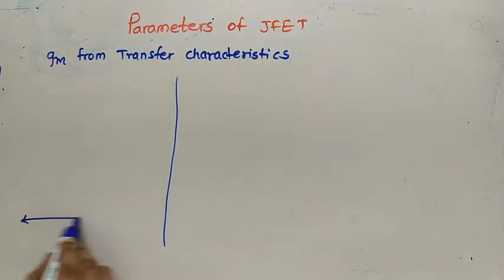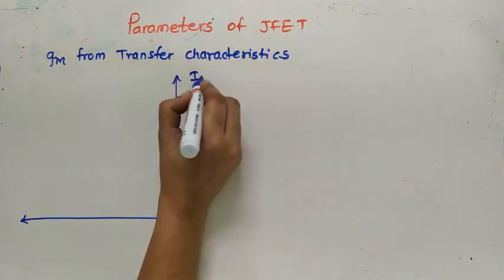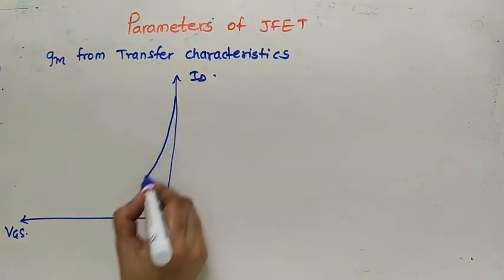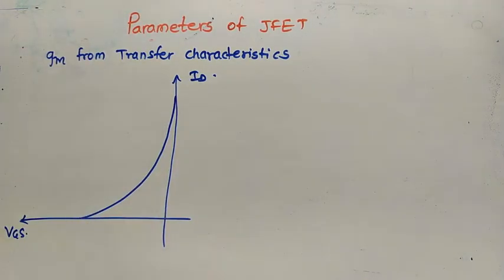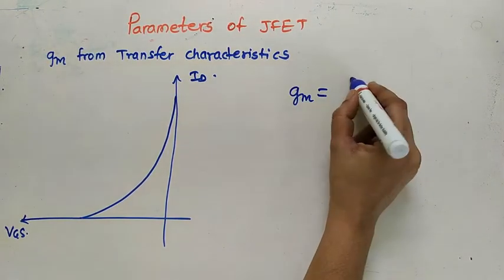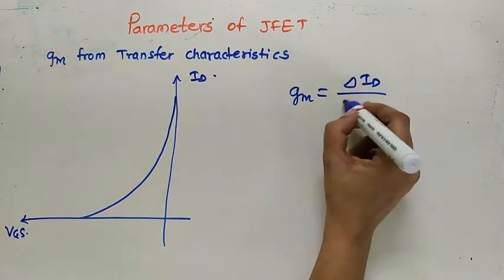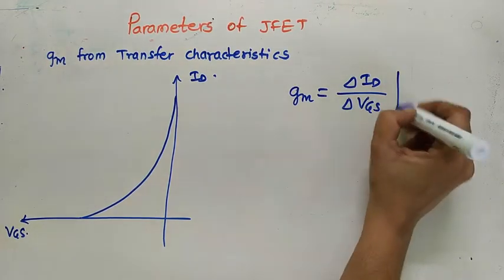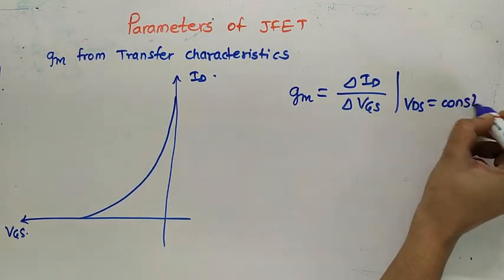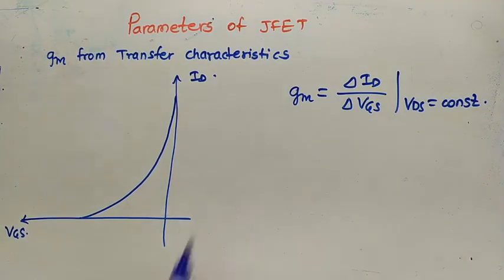How is our transfer characteristics? This is ID, this is VGS. Likewise, we are having our transfer characteristics. So, Gm is given as change in ID with respect to change in VGS when VDS voltage is constant. So, for taking this Gm, what we can do?